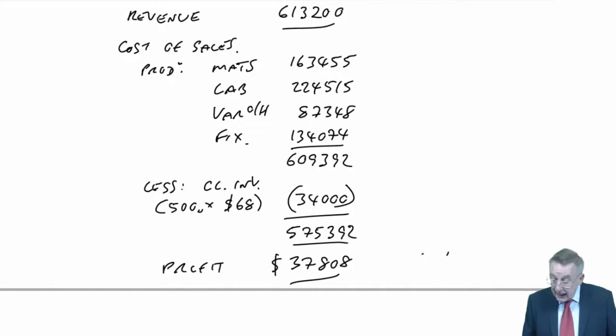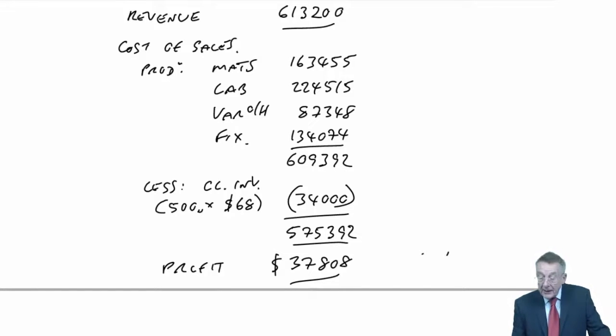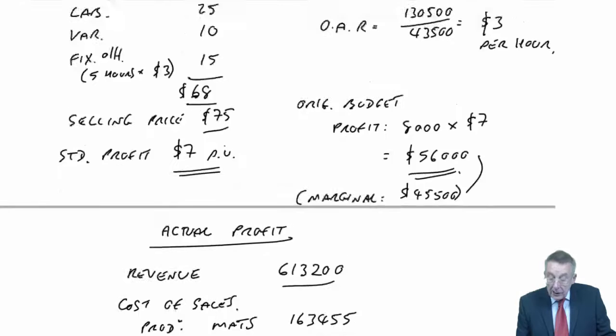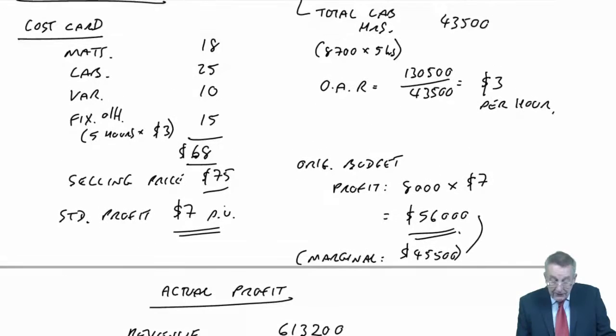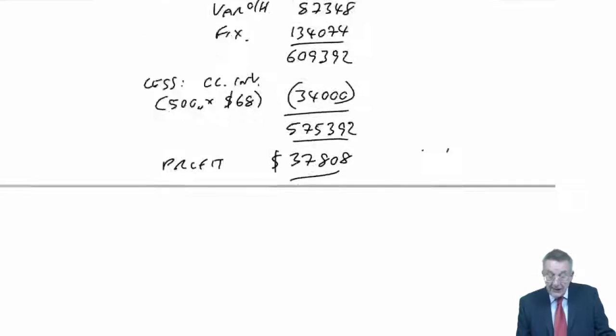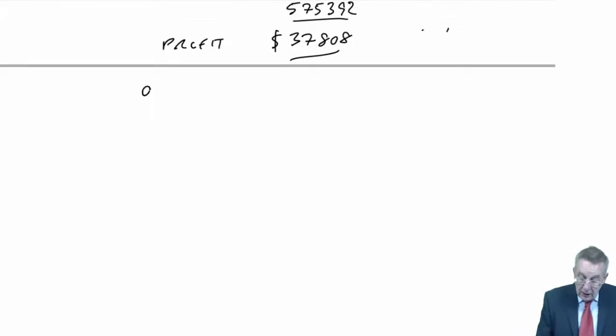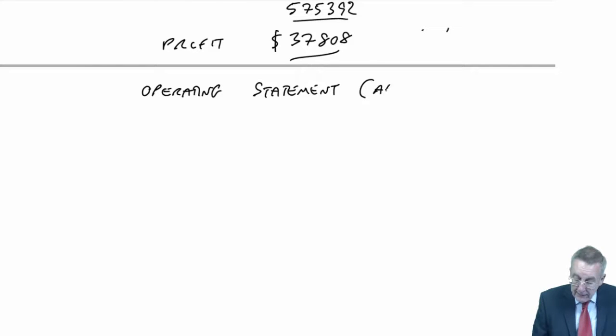Anyway, let's now go straight into our operating statement. We know what our budget profit was. It's 56,000. So, operating statement, absorption costing.